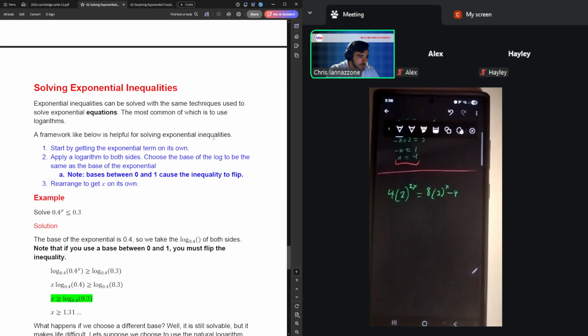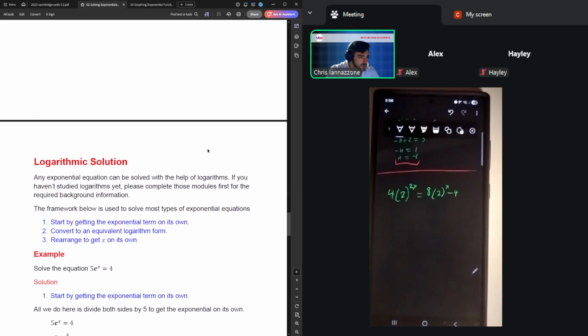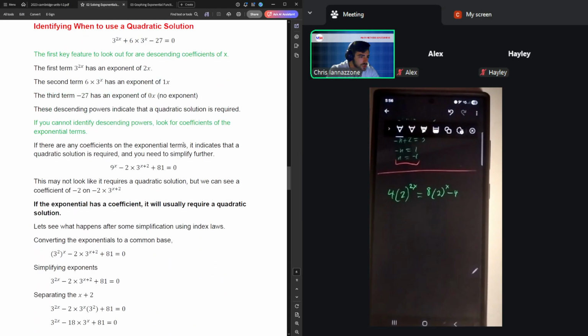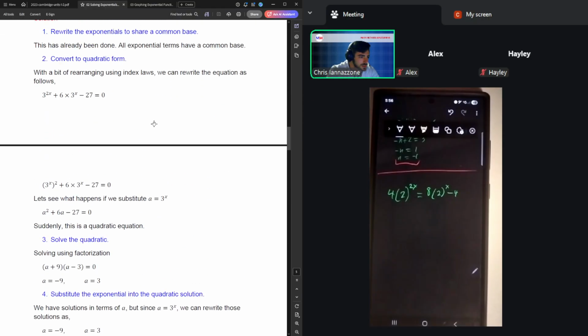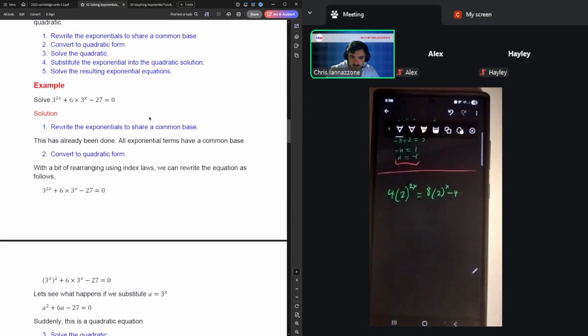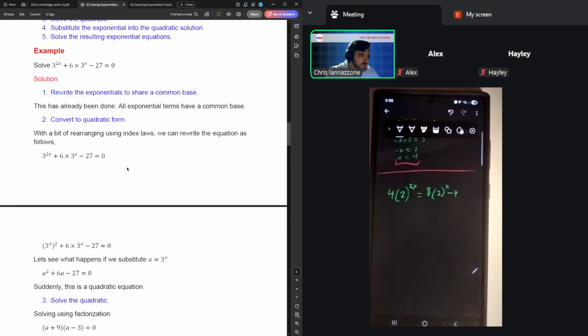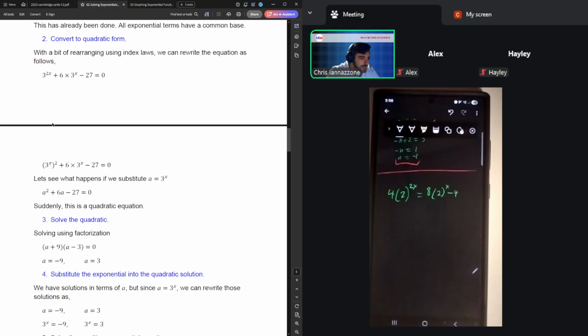Now, what that's going to look like is trying to consider the most basic version of the exponential that we have. So if we have a look at the screen share rather, of the 3 to the power of 2x stuff, we were able to simplify everything down into just having a basic exponential of 3 to the power of x, and then we substituted a for that thing.